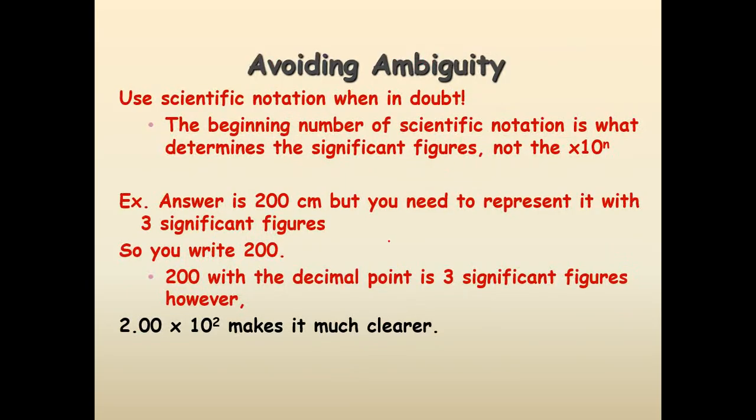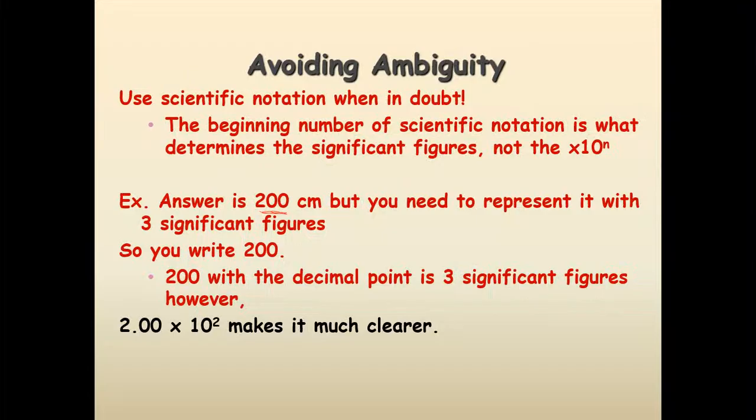Suppose you had the answer of 200 centimeters, but you need to express that as 3 sig figs, because, again, we're going to talk about how to round and how to calculate in a little bit. Suppose you got 200 centimeters in your calculator, and you needed to say, wait a second, I want to express it as 3 significant figures.